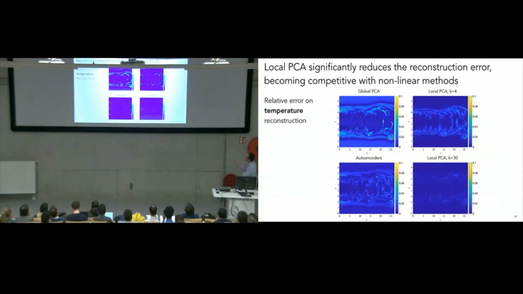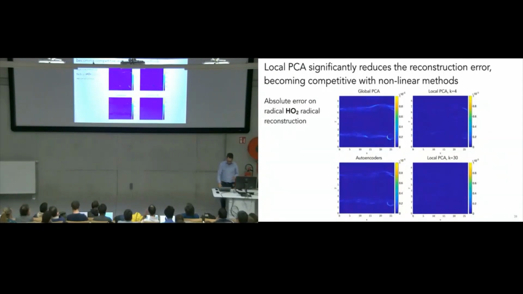You see very clearly how the performances of local PCA are improved, and also on the reconstruction of very small radical species. So a radical species is in combustion a species that wants to react because it has an unpaired valence. And so it's not stable, it will react to form either another radical or a final product, okay? So you see here that also these minor species are captured really, really well with this approach.